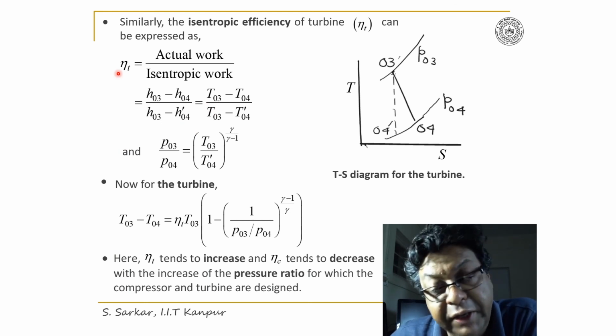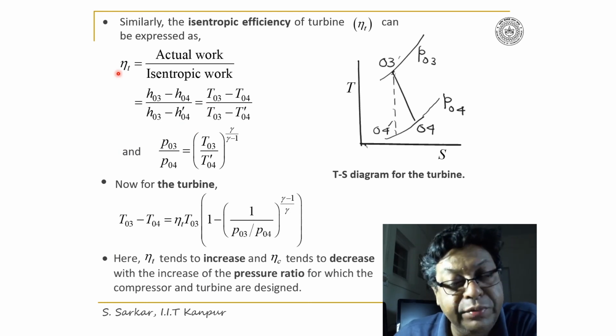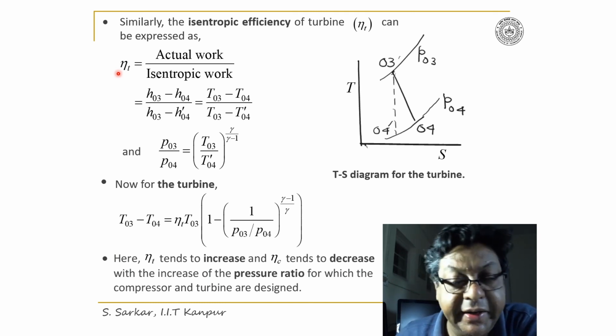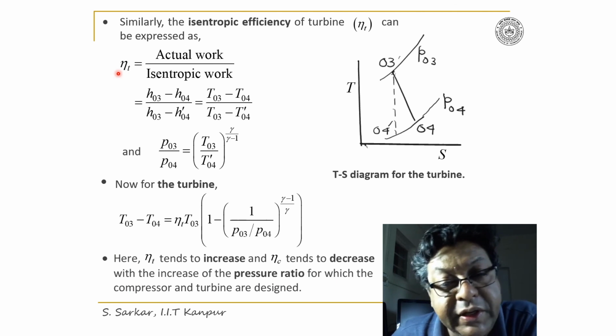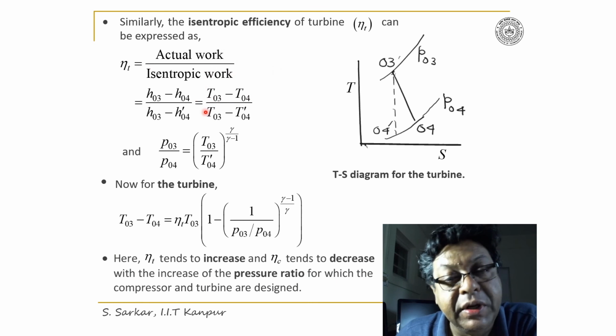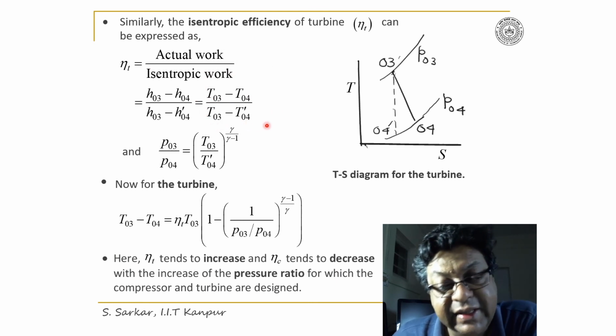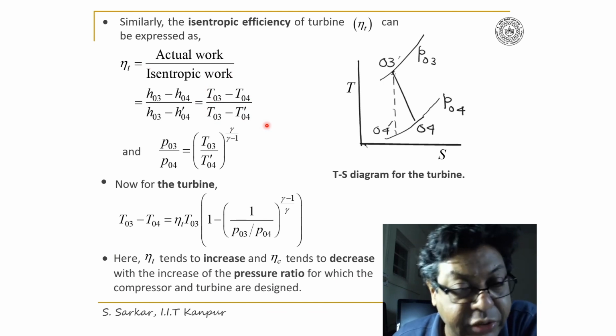And if Cp I can assume as constant, then this can be related with the temperature drop, T03 minus T04, actual temperature drop, divided by T03 minus T04 dash, that is the isentropic temperature drop.